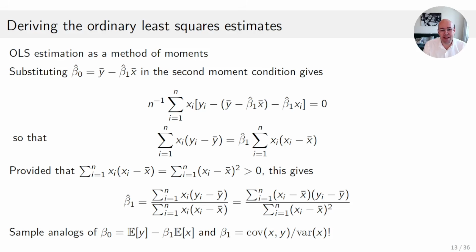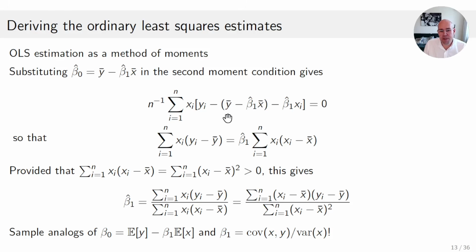In order to get that, I'm going to substitute my estimate beta naught hat, with this functional form, which is given by this, into the second moment condition. And then what I get is the average, which is 1 over n times the sum from 1 to n of xi times yi minus, and here I had beta naught hat.